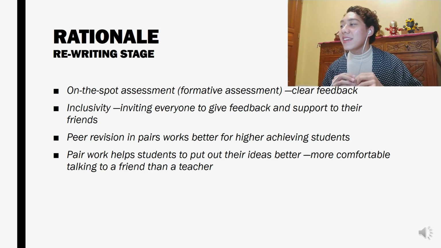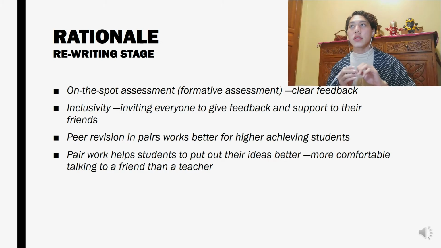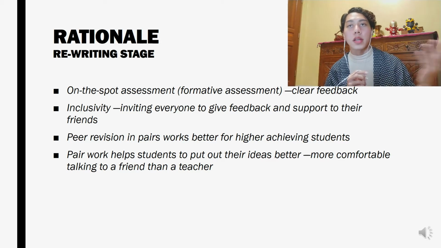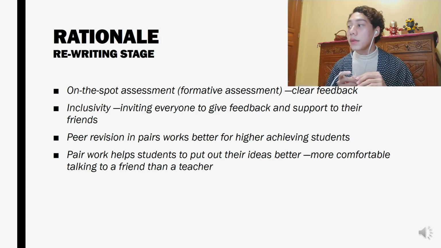Also, this task promotes inclusivity, where it invites everyone to give feedback and support their friends. So it's not just the teacher giving feedback, but the friends can also give their feedback on what can be improved and what is good. And then peer revision in pairs works better for higher achieving students.